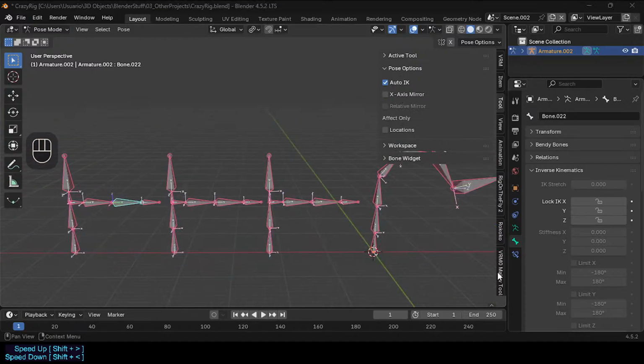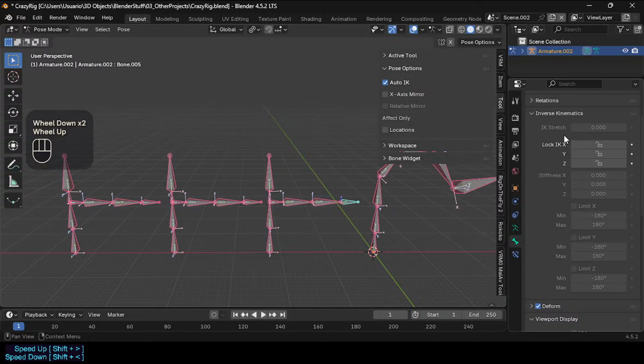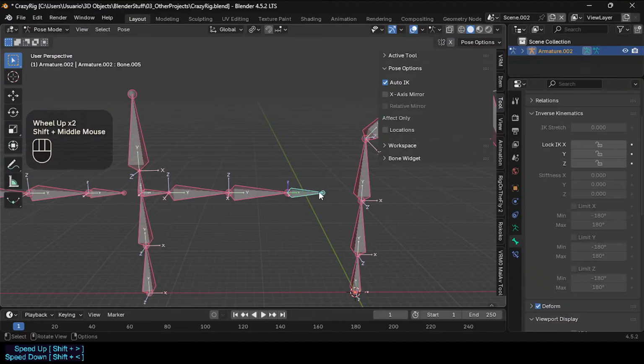Another possibility, maybe a little more complicated, would be by bone. So it will have some option here like Auto IK pin. It could be at the very end or the very beginning, so it will be per bone, and off by default maybe.